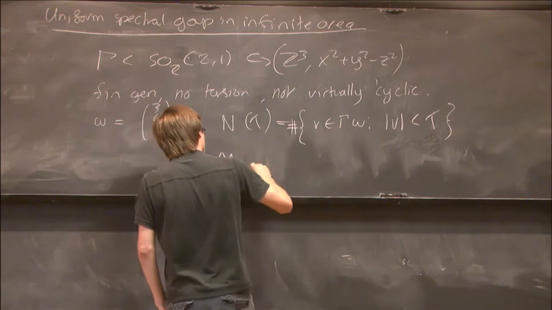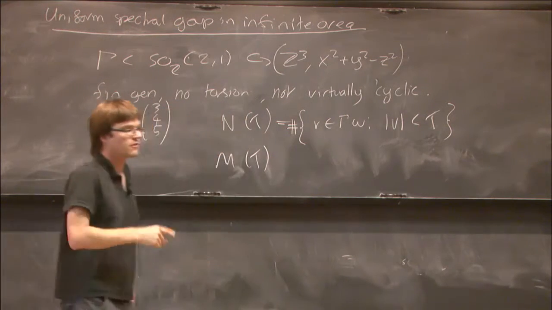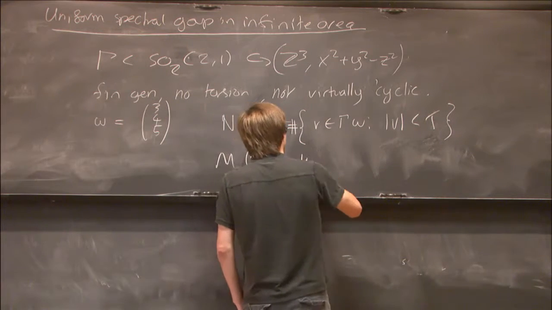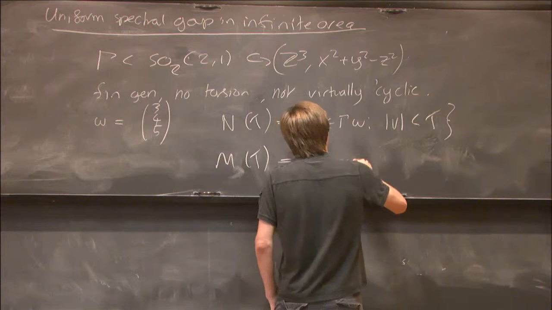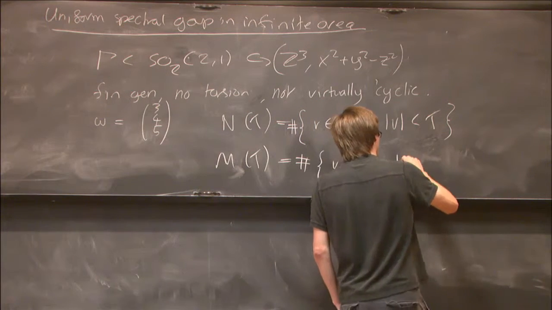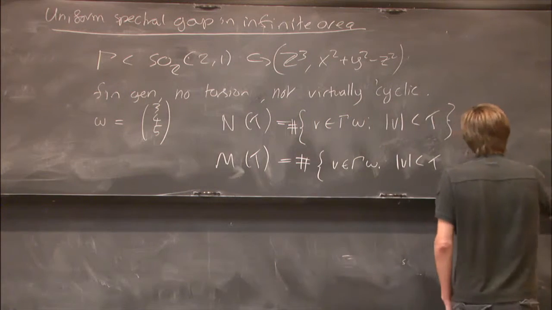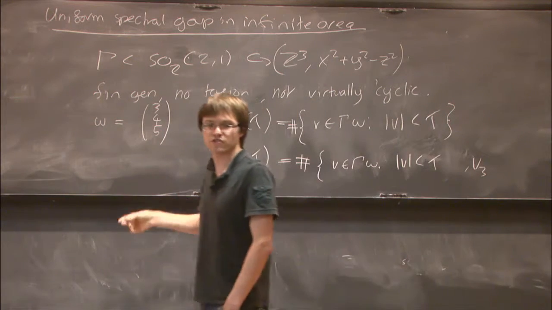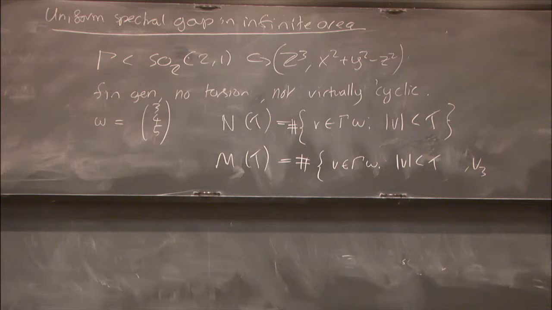And then if you want to do number theoretic questions, a natural one might be this. How many of these are not too big? And every element in this orbit is, of course, a Pythagorean triple. It corresponds to some Pythagorean triangle.